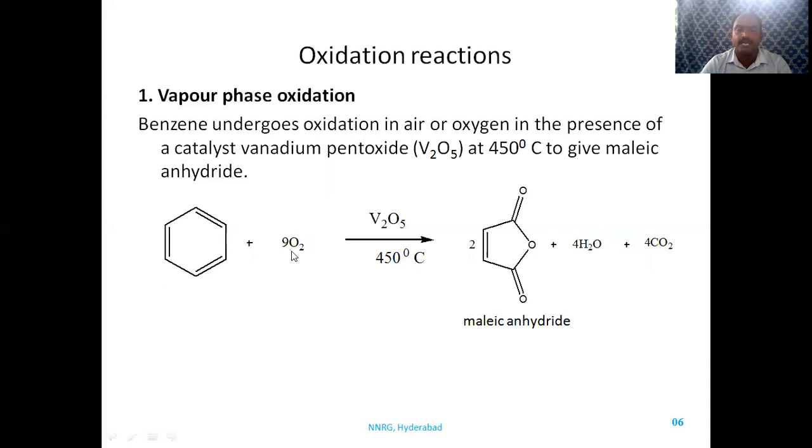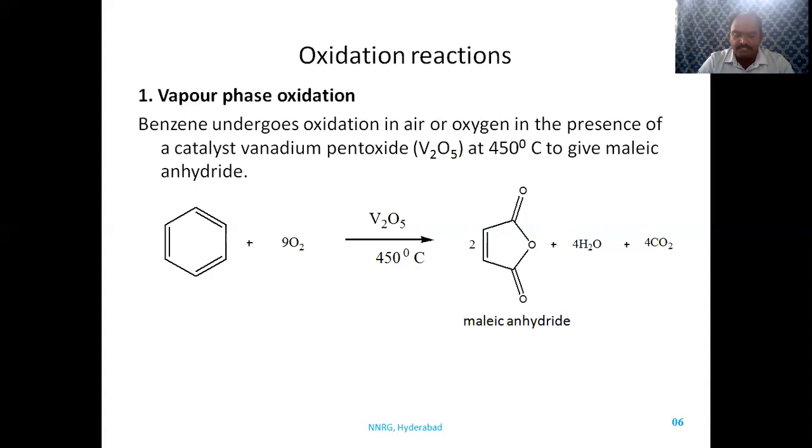Benzene, when treated with 9 moles of oxygen in the presence of catalyst V2O5 at 450 degrees centigrade, undergoes oxidation and forms maleic anhydride with the loss of 4 moles of water and 4 moles of carbon dioxide. So vapor phase oxidation always takes place in the presence of a catalyst. This is the reaction we have seen.